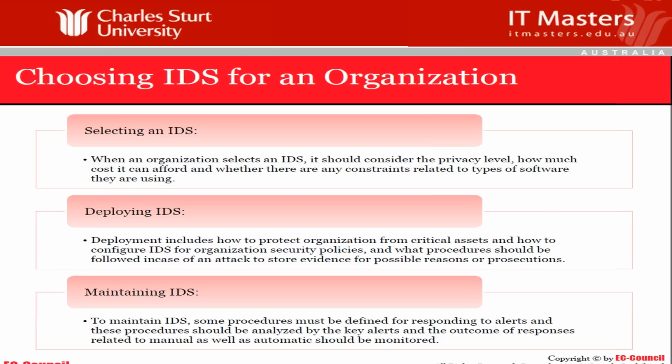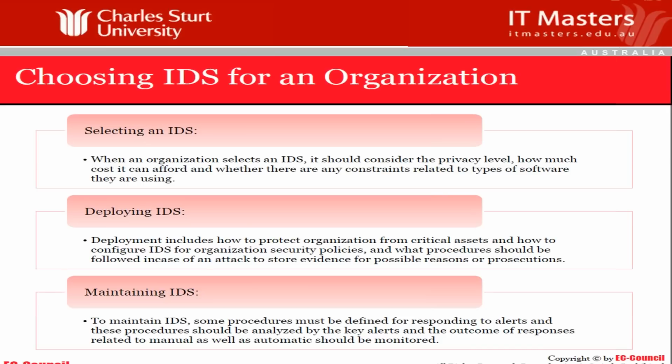When it comes to deployment, there are other questions to consider. First of all, you're going to think about your critical assets. So you should configure your IDS right with the policies and procedures so you can protect your assets. Of course, the important thing here is you should also be able to store evidence for any kind of misbehavior. It could be an internal person trying to send some confidential or classified data out.